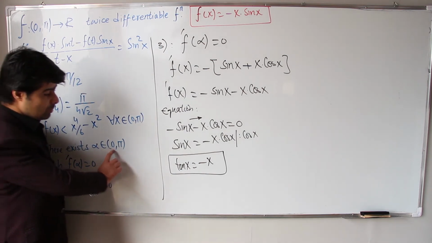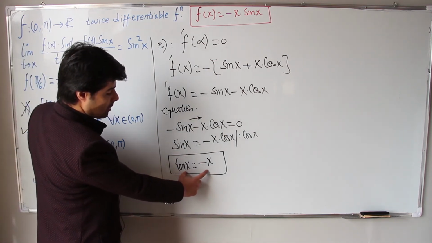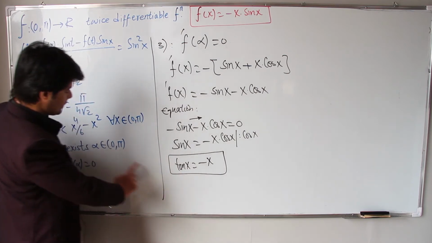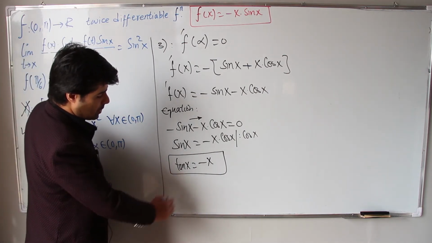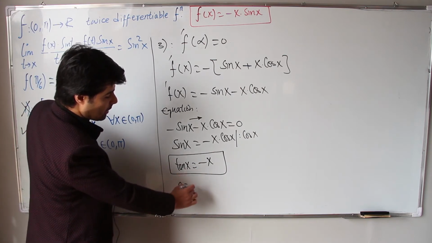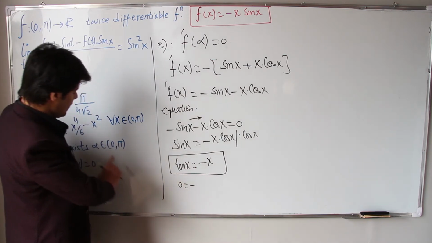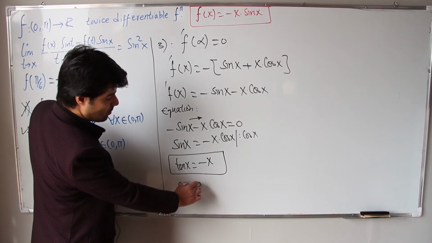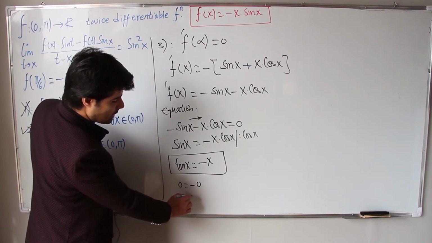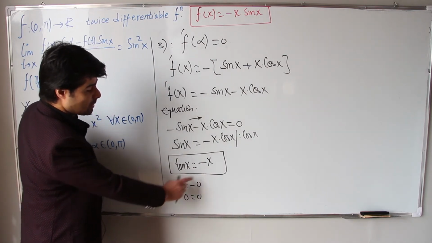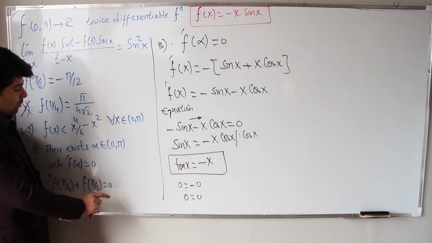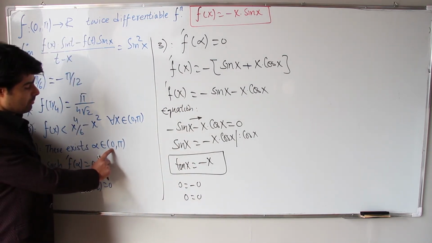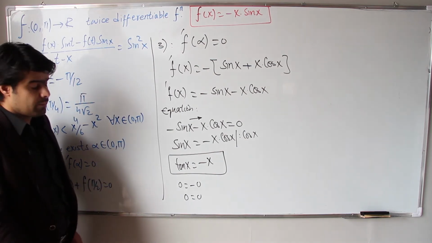Although 0 satisfies this equation. If you put 0 instead of x, tangent 0 is 0, and minus, instead of x you put 0, and 0 with 0 it's equal. 0 satisfies this equation. But the solution is not 0. Why? Because it's an open interval.